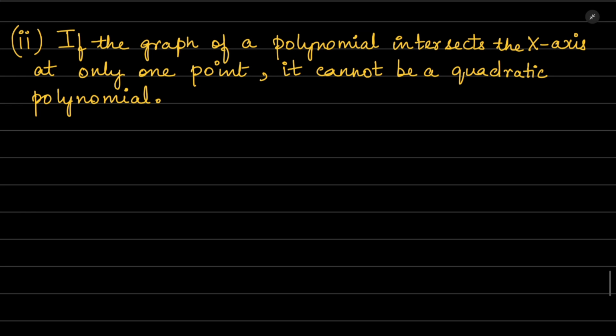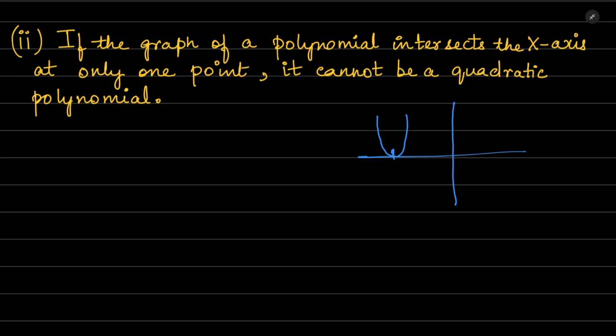If the graph of a polynomial intersects the x-axis at only one point, it cannot be a quadratic polynomial. Suppose you have two same zeros, alpha and beta, which are both equal.